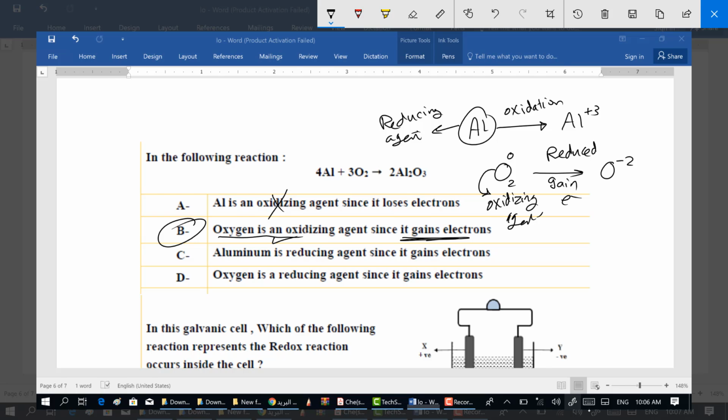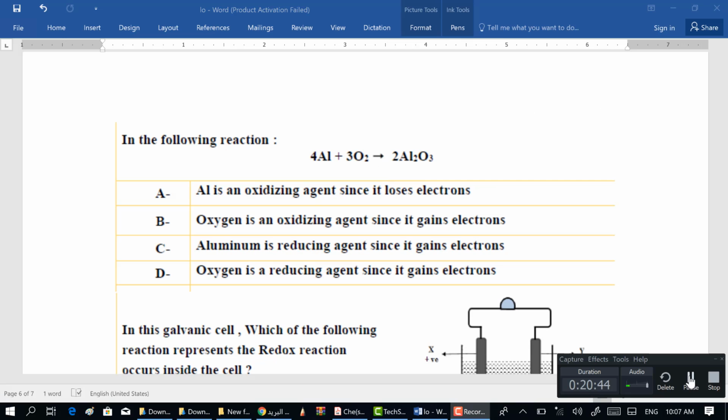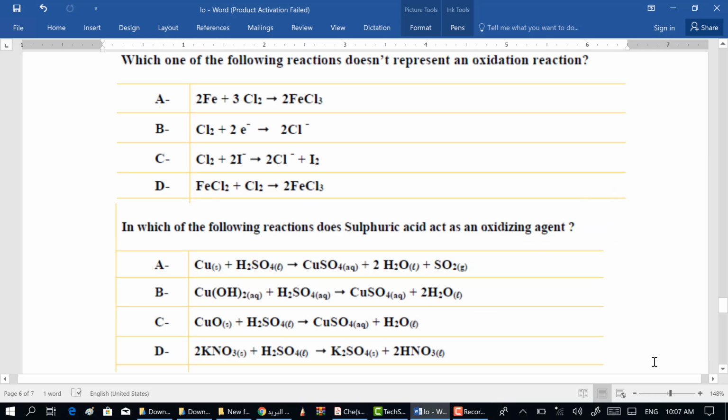Another question. Which one of the following reactions doesn't represent an oxidation reaction? Oxidation means losing electrons. So in this case, Fe positive 2, or Fe0.